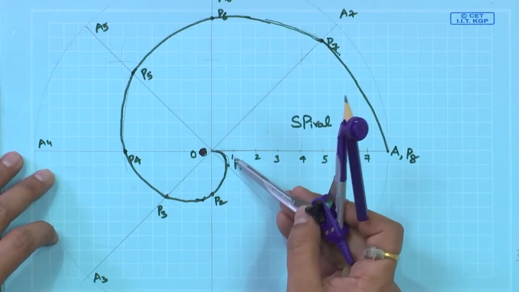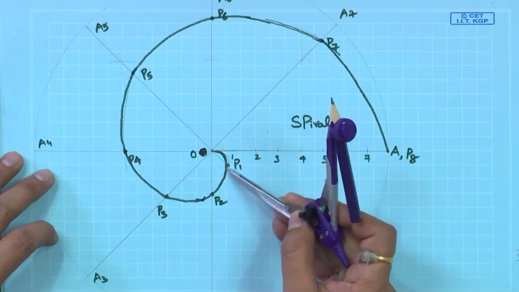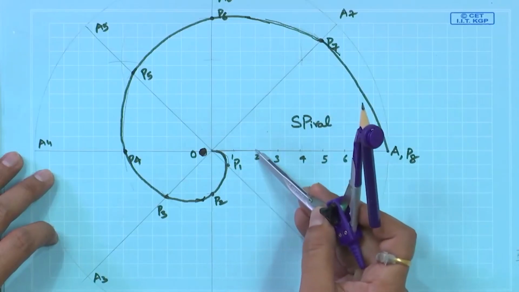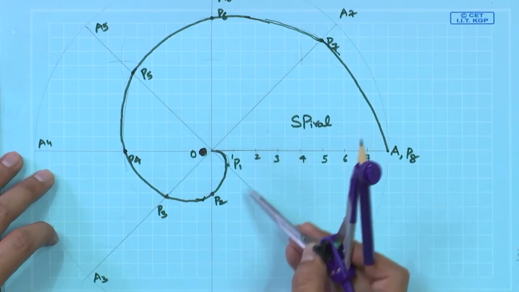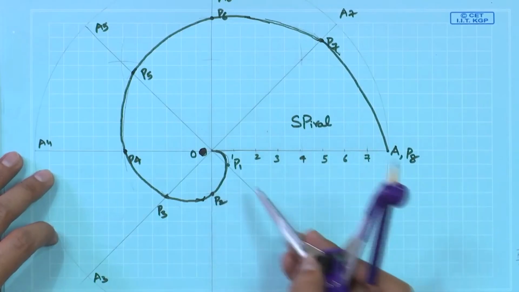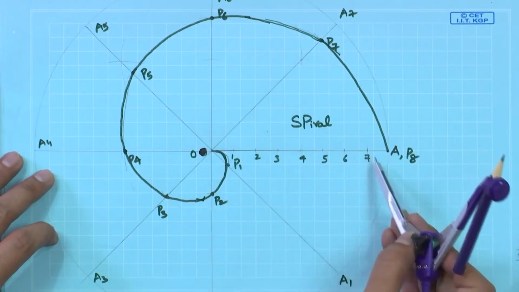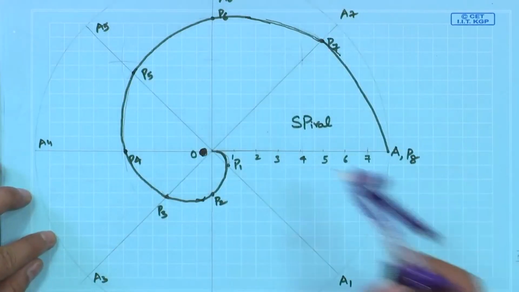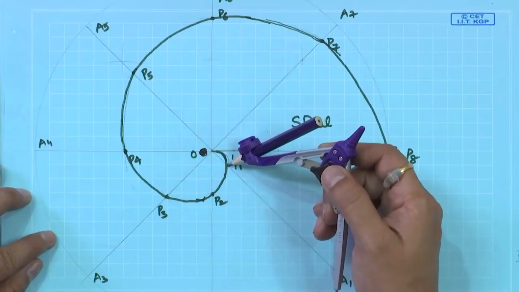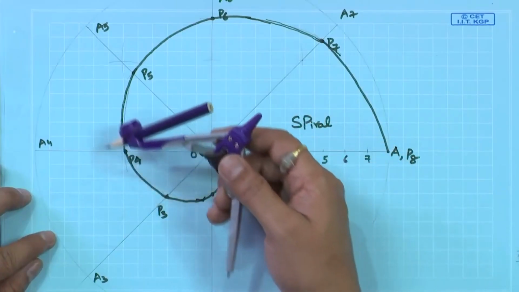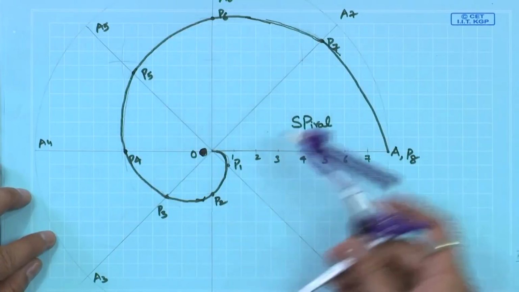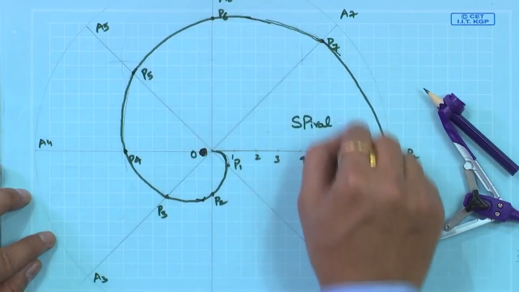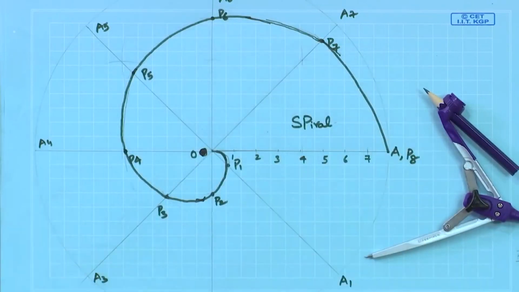Then O to 1, construct a radius, make a cut there. From O to 2, make a cut on the A2 line, O to 3, 4 and so on, make arcs on respective A lines, so that intersecting points we can name like P1, P2, P3 and so on to P8. Join a smooth curve on that, we will be in a position to get the spiral.